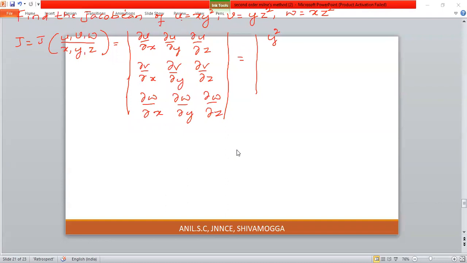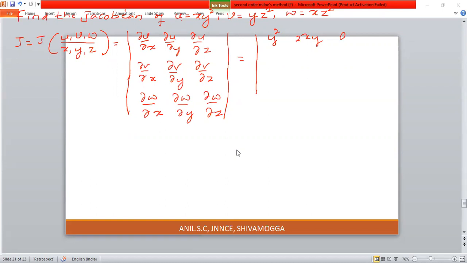Next, del u by del y: x is treated as constant, and the derivative of y square with respect to y is 2y. Del u by del z: differentiate u partially with respect to z, treating x and y as constants. Therefore x y square is a constant, and the derivative of a constant is 0.